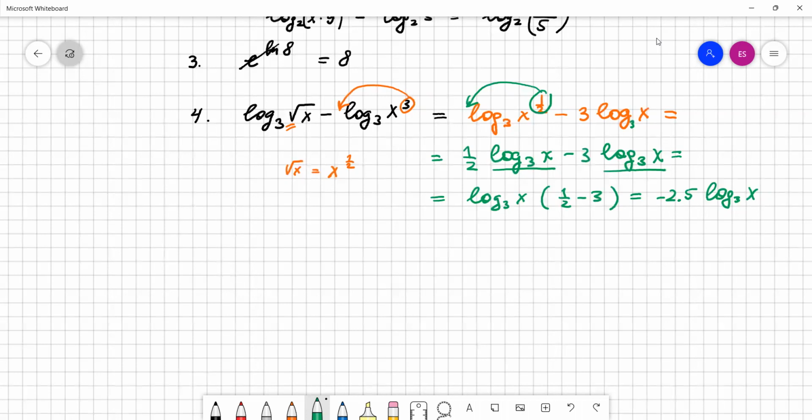So for example, if I want to evaluate ln of 10, I'm just going to write down ln on my calculator, put 10 as argument, and that's going to give me a number 2.302 and more digits approximately, right?